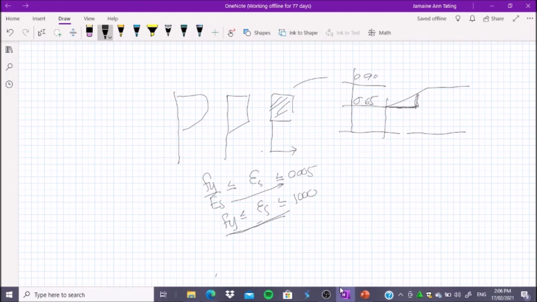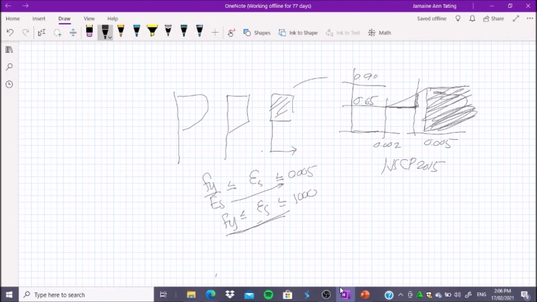So, nakalagay dito, this is 0.002 strength. And dito is 0.005. Okay. So, ang explanation ko dyan, this is NSCP 2015. Kapag dito ka sa case na ito, pag dito sa region na ito, tension control siya.